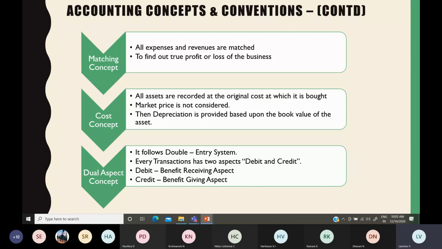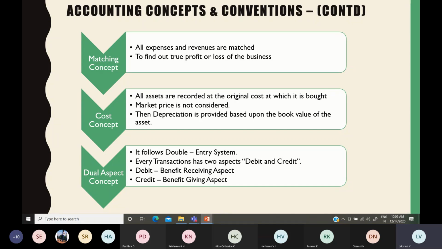Later on, you will be providing the depreciation. Depreciation will be given year after year, based upon the book value of the asset only.